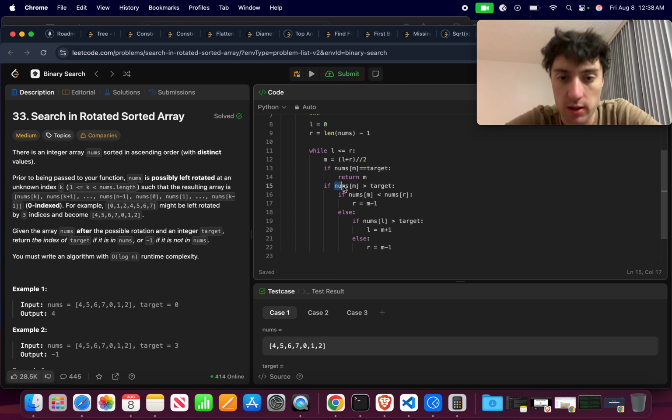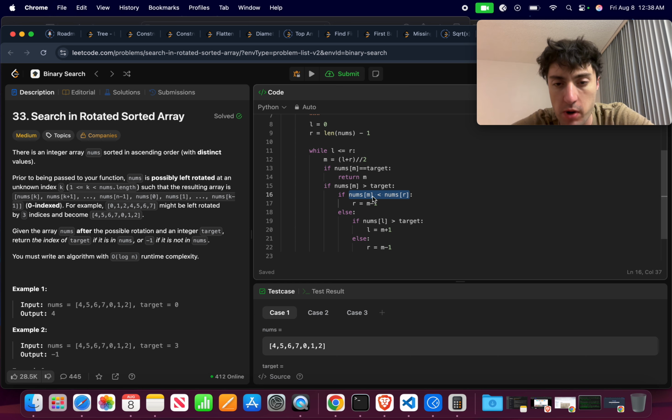So, in this case, the midpoint is too big, right? It is bigger than my target. And now I've determined that the pivot is, what did this tell me? I said it.